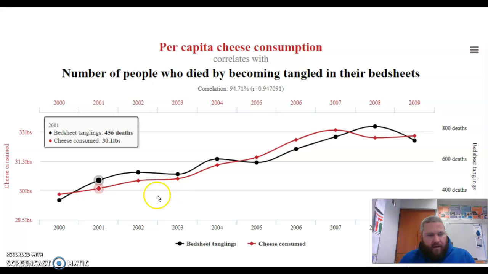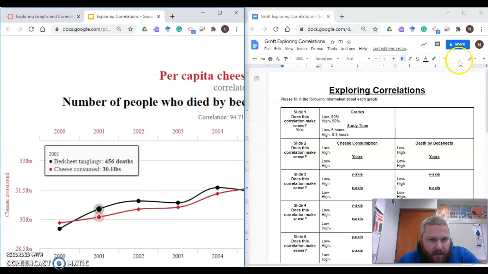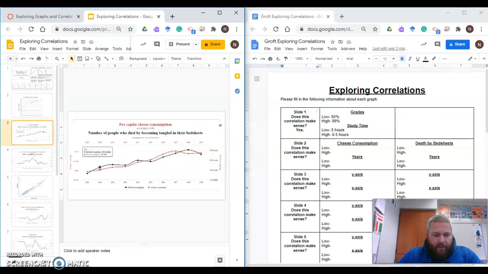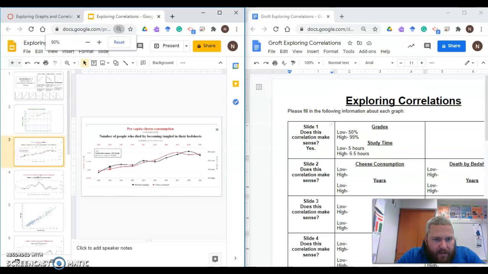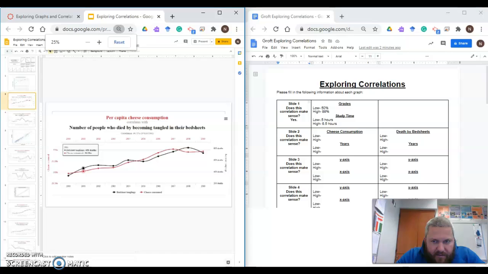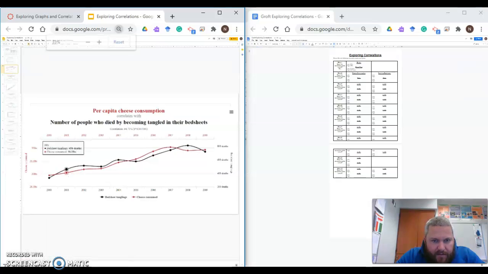So if we're looking at these values, it looks like we're starting off, if we do the bed sheet tangles, let's see if we can jump back in here to fill out our chart. See if I can make this any bigger to actually be able to see these numbers beside. Oh, this is great.